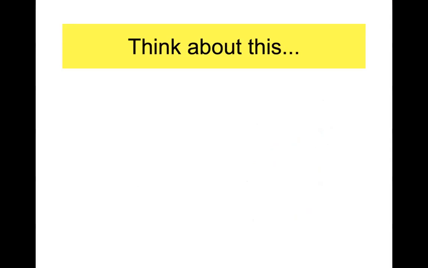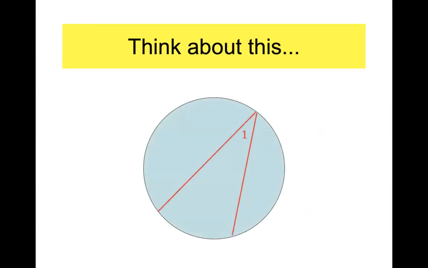All right, ready for another idea. So think about this. I got an inscribed angle. That's angle 1. And on this, I'm going to make the picture really messy. I'm going to do another inscribed angle. This one's blue. Now I'm going to make the blue disappear and reappear. And each time you should notice that the arc that angle 1 makes and the arc that angle 2 makes are exactly the same.